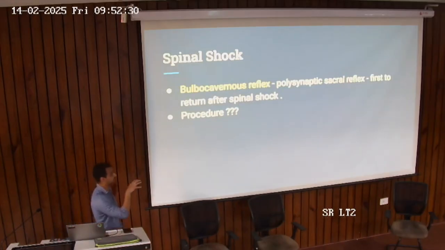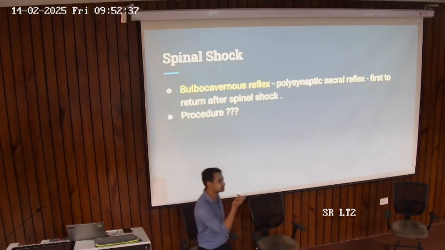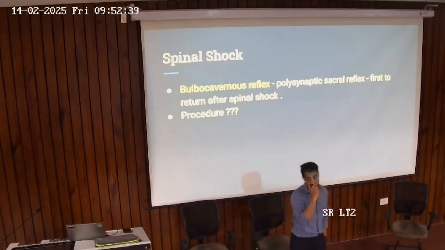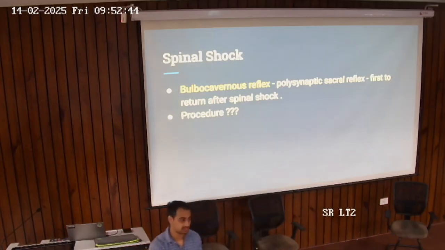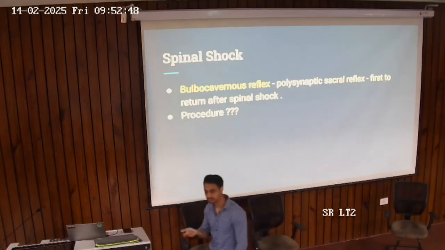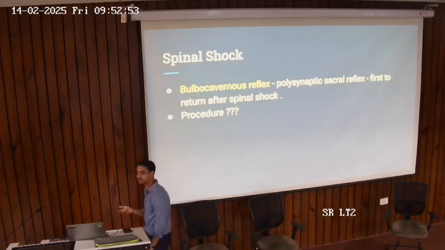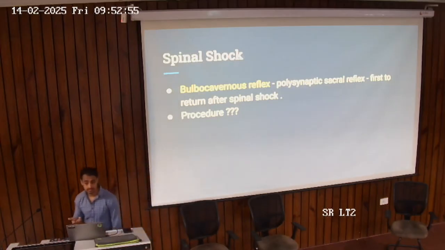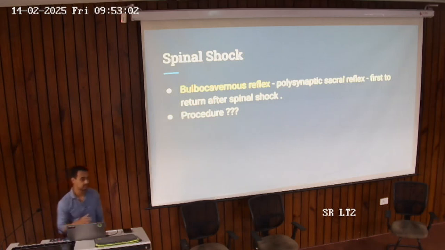So there's a polysynaptic sacral reflex. It is the first to return after spinal shock. How do you do it? Compress the? Yes. So you either pinch the glans or the clitoris, and what happens? No. After you pinch, what happens? No, not urinary.